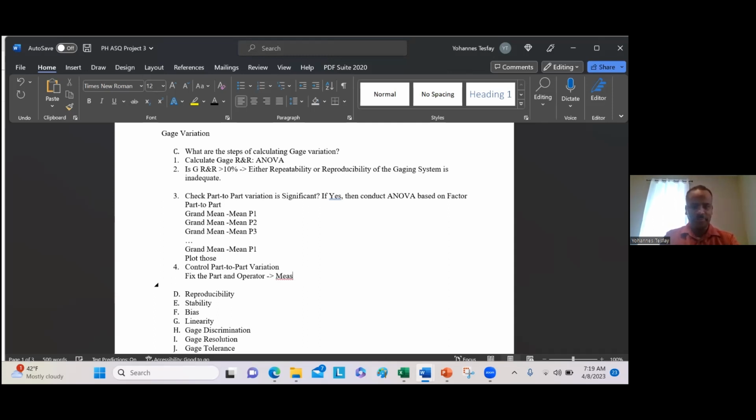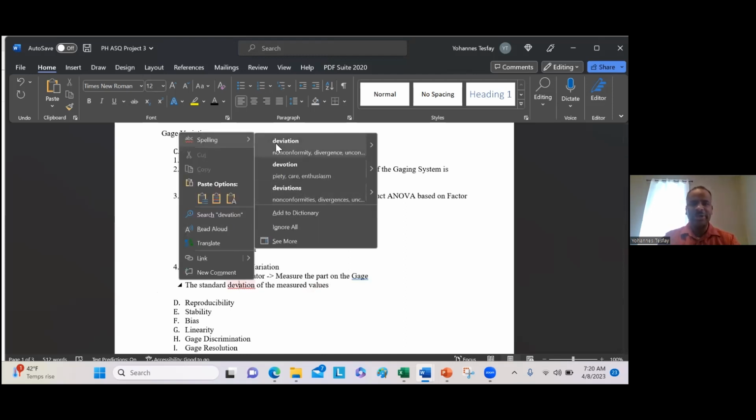from the gauging, on the gauge. You see, we fix the part and measure the part repeatedly, then the variance of the measured values, or rather the standard deviation of the measured values, becomes the gauge variation, or the repeatability of the gauge.